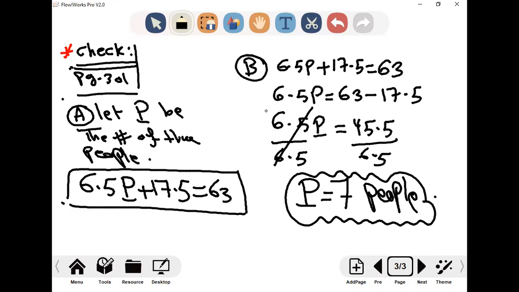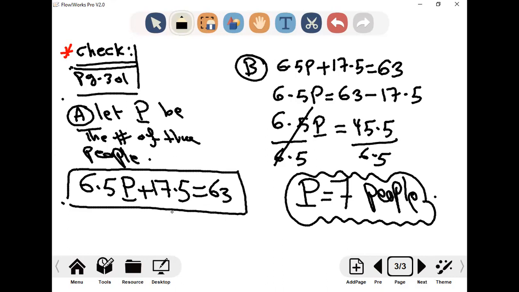6.5 by what? The number of the people. But do we know the number of the people in the question? They call it P. So I multiply 6.5 by what? Understood? But for this one, why didn't I multiply P by 17.5?